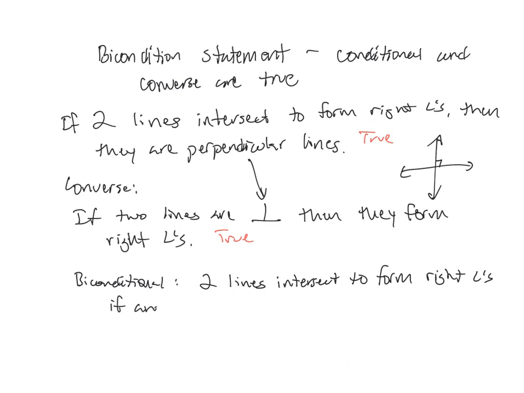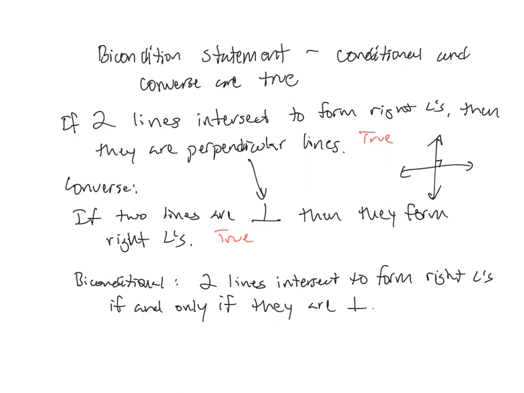If and only if they are perpendicular. So we still have the if part, 2 lines intersect to form right angles, and then the then part, they are perpendicular.